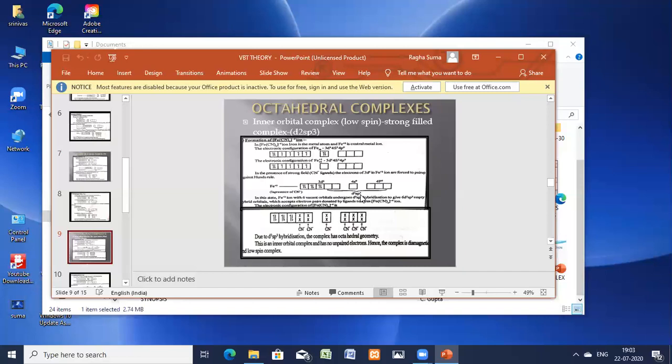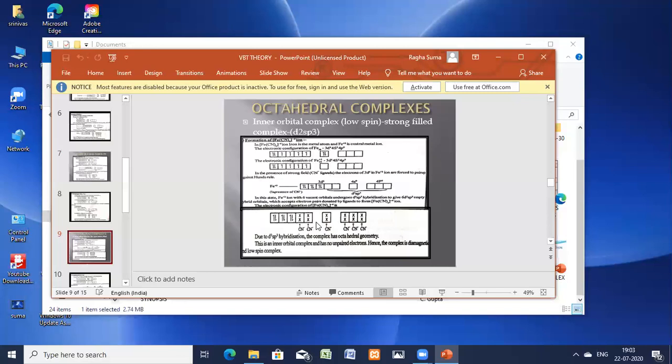Now, in the 6 directions, the 4 directions and the upward and downward, you'll be getting the empty orbitals. Here, the 6 d2sp3 empty orbitals accept the electron pairs from the 6 cyanide ions. 1, 2, total 6 orbitals in all the 6 directions.